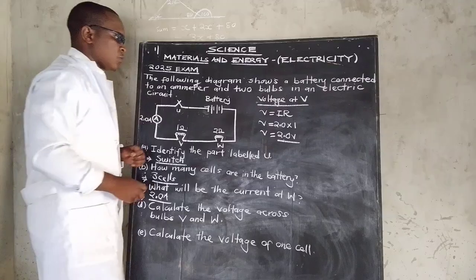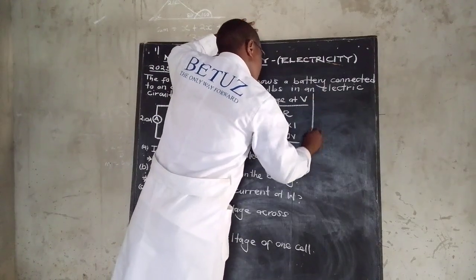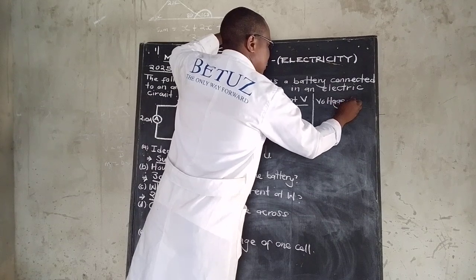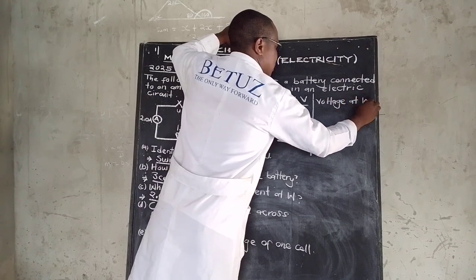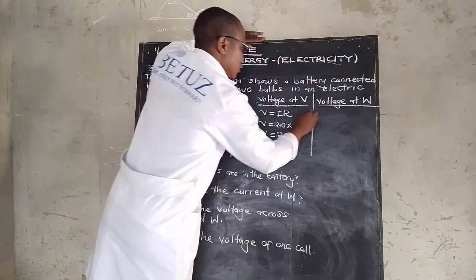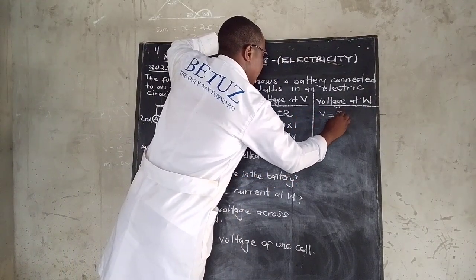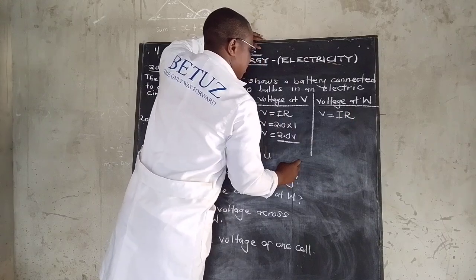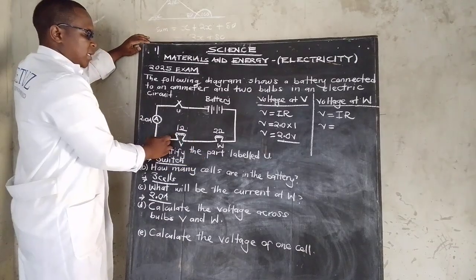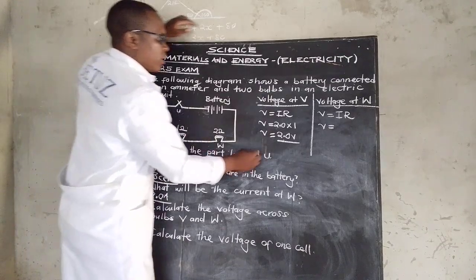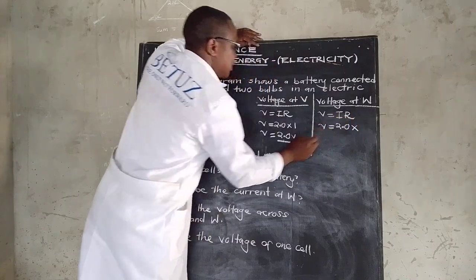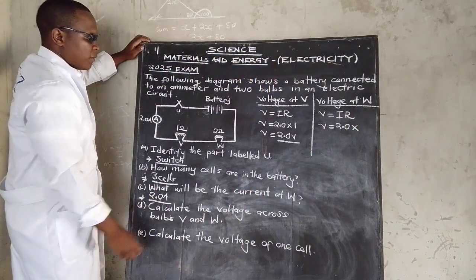Okay. Now let's find the voltage at what? At W. So the voltage at point W, we apply the same formula. Voltage is equal to current times resistance. What is the current? Remember, current is the same in series. So we have 2.0 multiplied by, what is the resistance at bulb W?